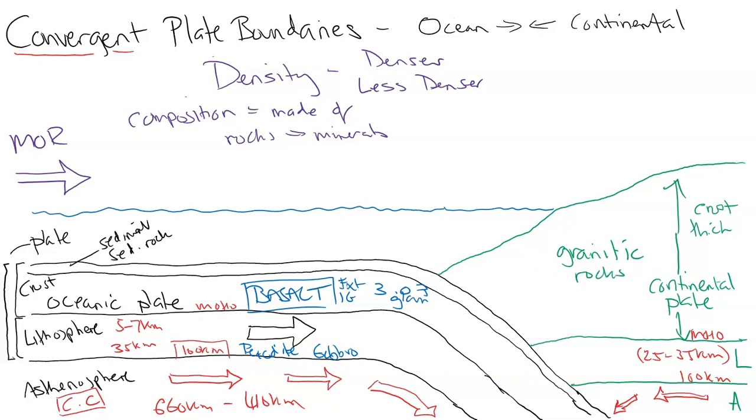So granite, andesite, those kinds of rocks. Even though it's a larger crust, the average density is 2.7 grams per cubic centimeter. So this is less dense than the colliding, converging ocean plate.